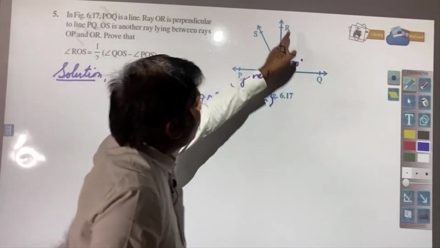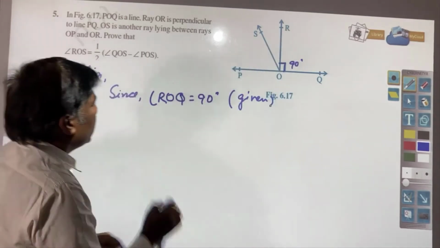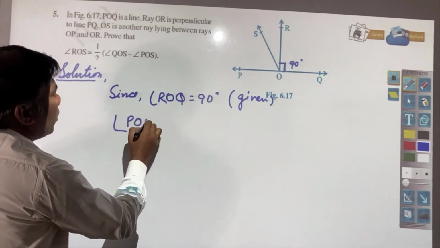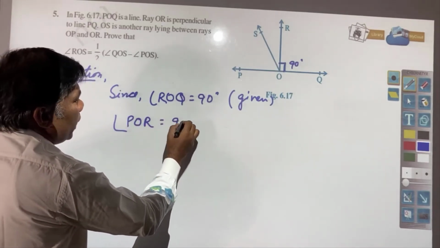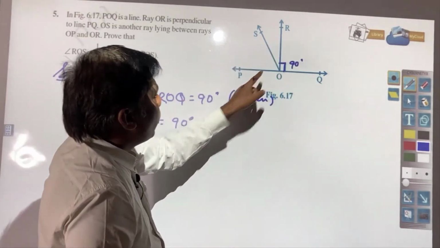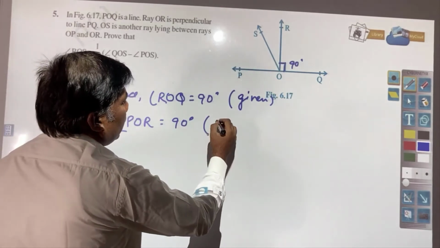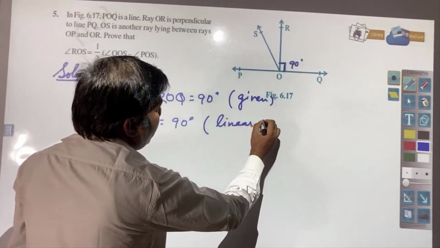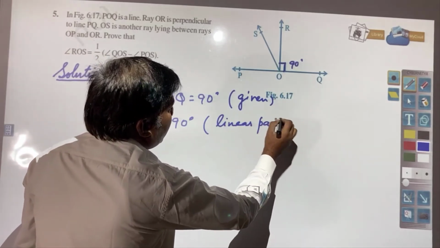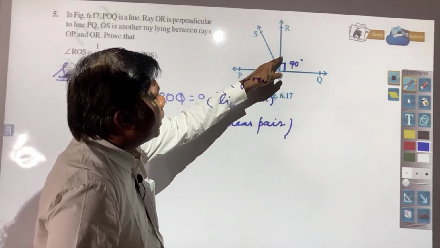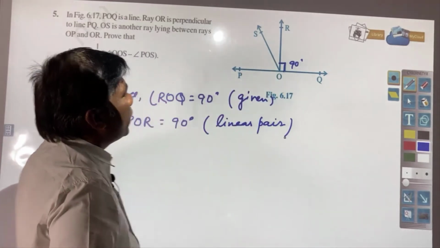Since ROQ is 90 degrees, angle POR will also be 90 degrees, as they form a linear pair. The sum of these angles will be 180 degrees, and that's why this will also be 90 degrees.